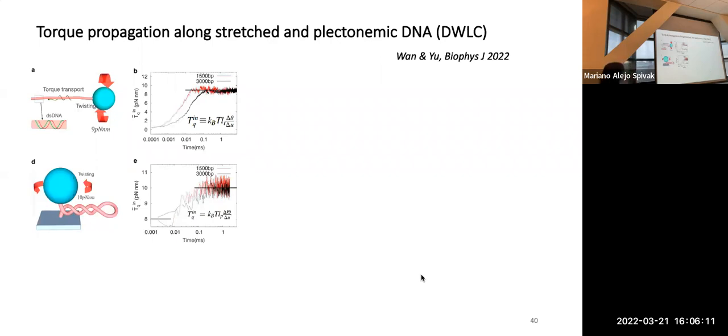Fast dynamics is if you trace the DNA end, you see torque transport. By writing down the energetic and diffusion equations, we can get the time scale of that. We can use a polymer model to simulate the process. You see 0.1 millisecond to reach equilibrium.